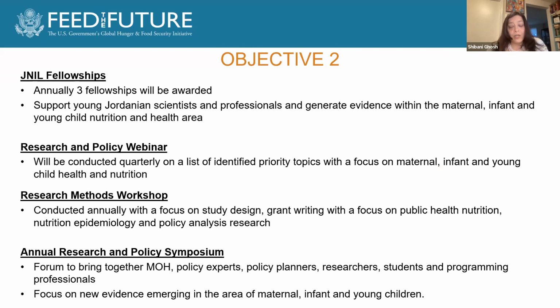If you haven't seen the call, please look out on our website as well as on Twitter, where we have a call for 3 fellowships this year to support young Jordanian scientists and professionals to generate evidence within the space of MIYCHN. We are hosting research and policy webinars, which will happen on a quarterly basis. We are hoping to plan an annual research methods workshop, and we are hoping to host ours this year in August of 2022.